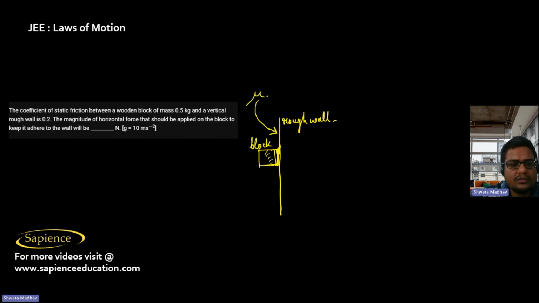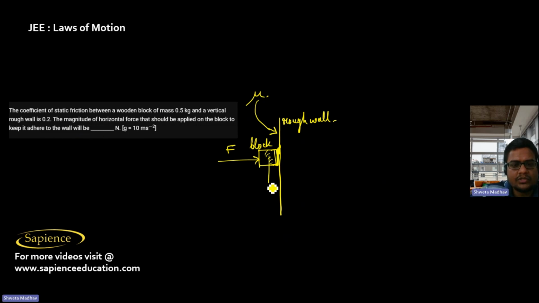The magnitude of horizontal force that should be applied on the block. So some force should be applied horizontally on this block to keep it adhered to the wall will be.